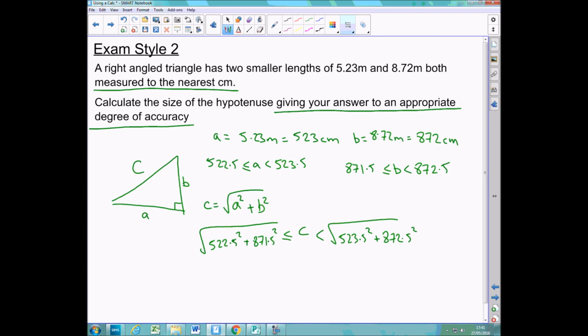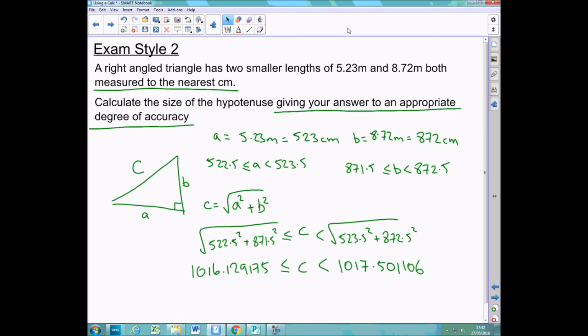So again, using my calculator, I'm going to write out all the digits. I've got 1016.129175 for the lower bound. My upper bound, again writing all the digits down, I get 1017.501106. As you can see in this last step, I haven't rounded at all.